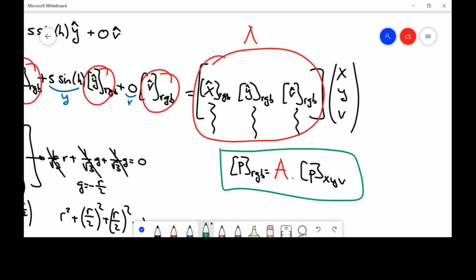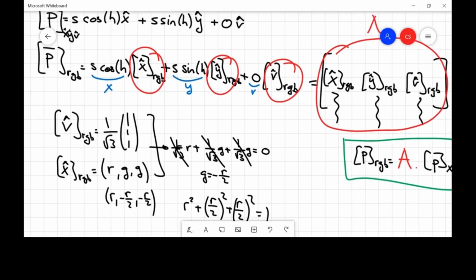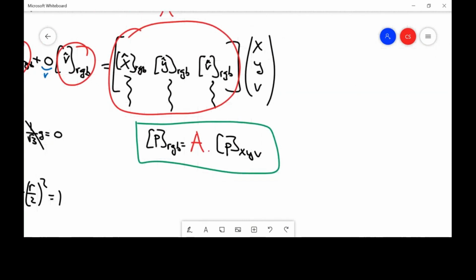So you have an HSV vector. You can translate it into RGB. Remember that those X and Y are related to the HSV through this relationship. Okay, so X and Y are not H and S. They are related by polar transformation. So you take H and S, you compute XYV, and then use this transformation to go from XYV to RGB.